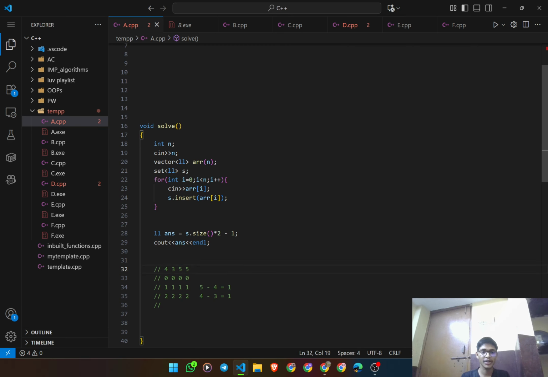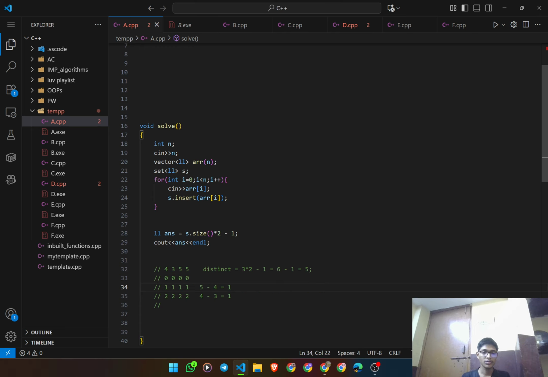My approach is s dot size into 2, meaning the distinct numbers, so there are 3 distinct numbers. 3 into 2 means 6, minus 1, so 5 operations we will require. Okay, 5 operations we should require here.